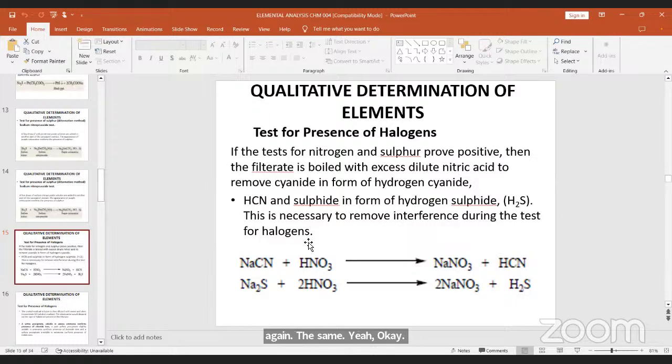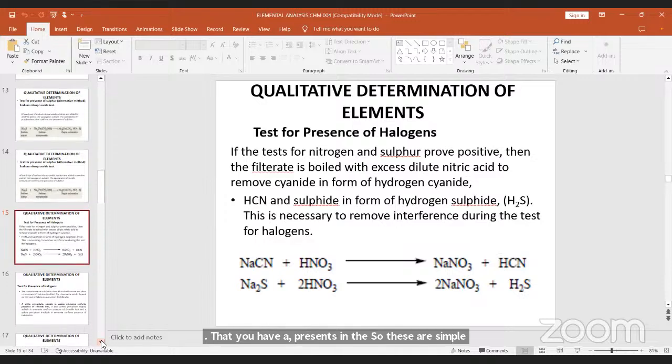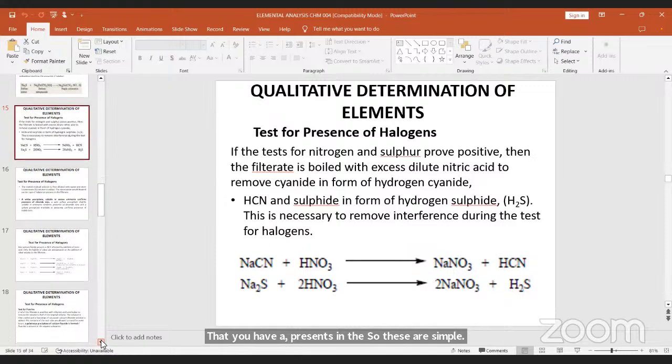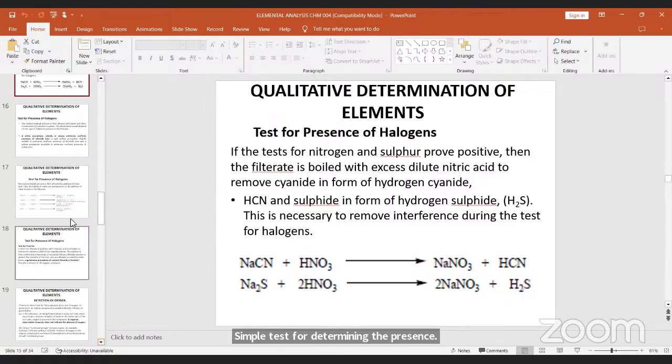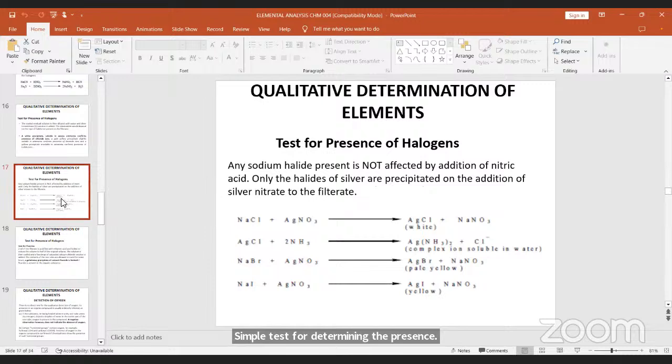And again, you get your product, which one way or the other tells you that you have halogen present in the compound.